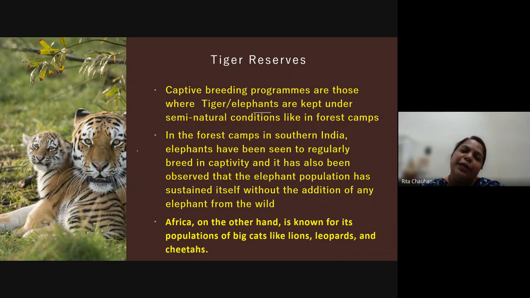Basically, captive breeding programs are where we bring the animals to a particular area, then we get them to reproduce in that area, meaning increase their population, and then we release that population again into the forest area, their wildlife area. So in India we have Project Tiger, then we have Project Crocodile, then we have Project Elephant also.